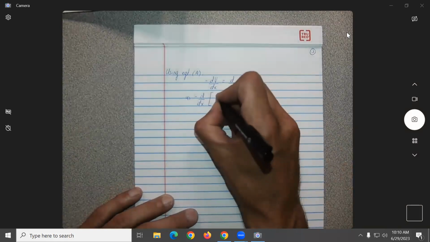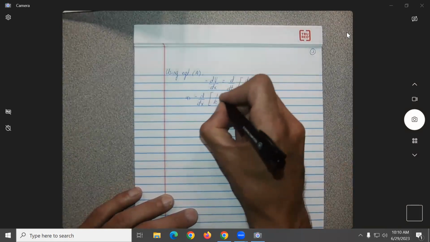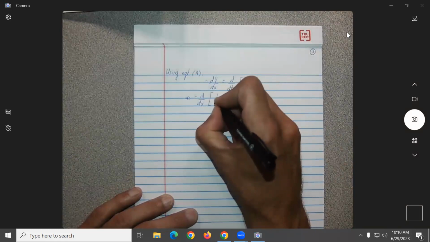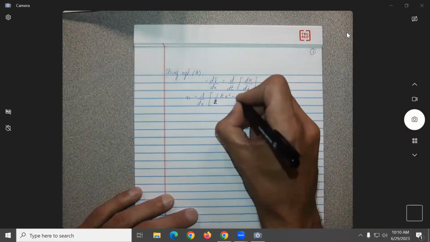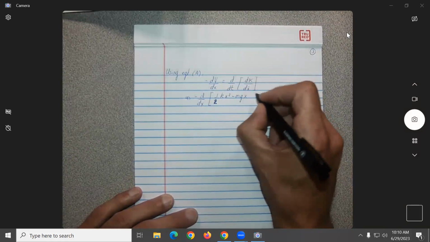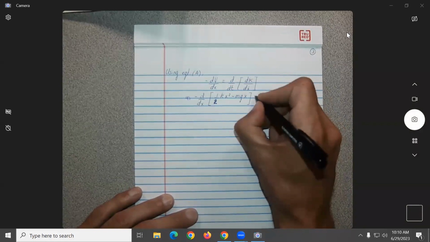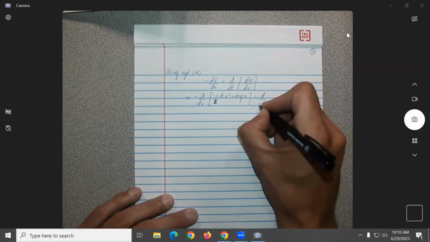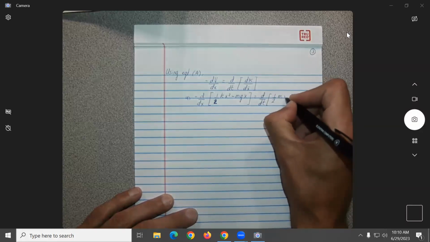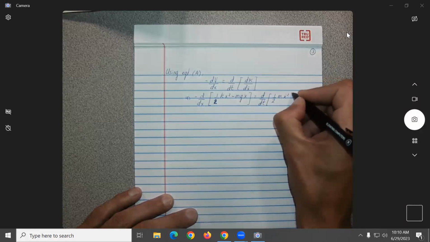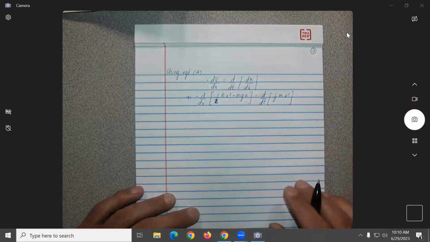We had 1/2 kx squared minus mgx, which will be equal to d/dt of 1/2 m x dot squared.